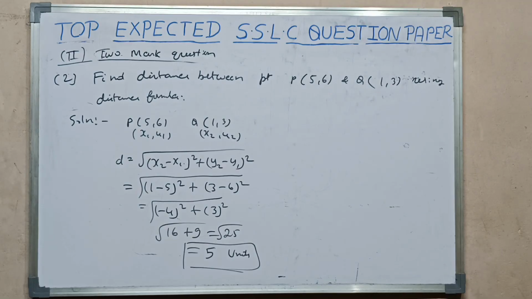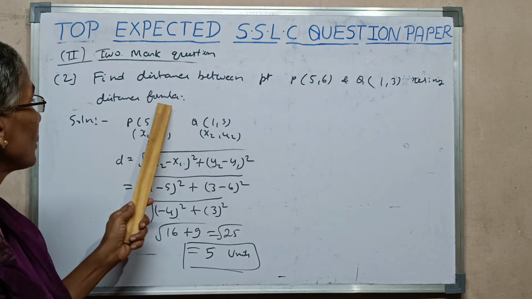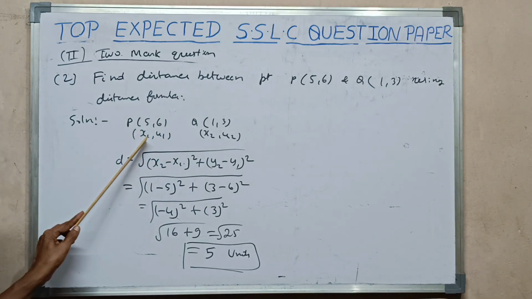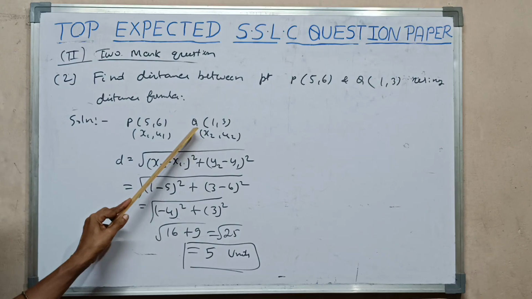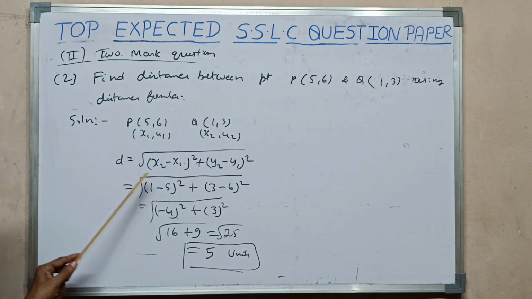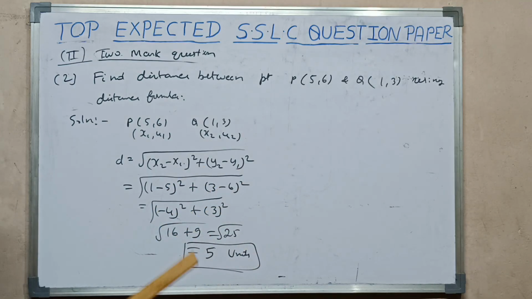Find the distance between points P (5, 6) and Q (1, 3) using the distance formula. The solution: P (5, 6) gives x1 and y1, Q (1, 3) gives x2 and y2. So the distance formula is the square root of x2 minus x1 whole square plus y2 minus y1 whole square.